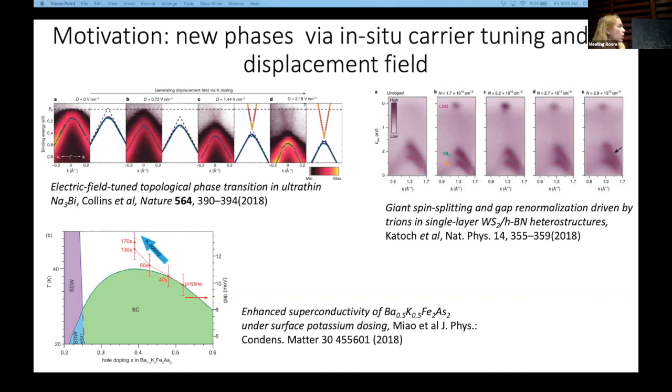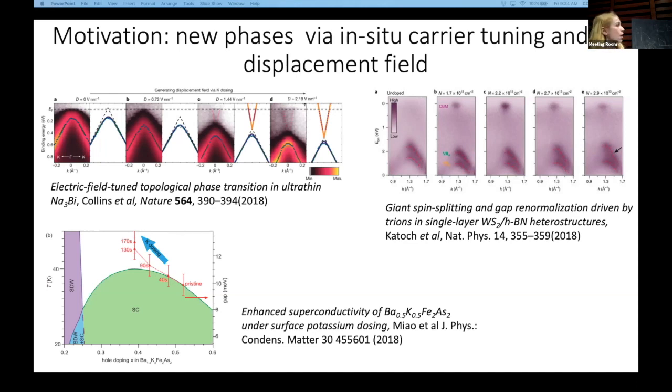One example is this electric field tuned topological phase transition in ultra-thin sodium-3 bismuth. In the ultra-thin regime, sodium-3 bismuth is actually a quantum spin Hall insulator. These authors claim that with the displacement field that appears when the potassium atoms donate their electrons, you can have an electric field tuned topological phase transition.